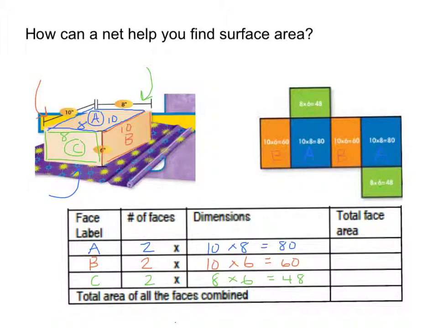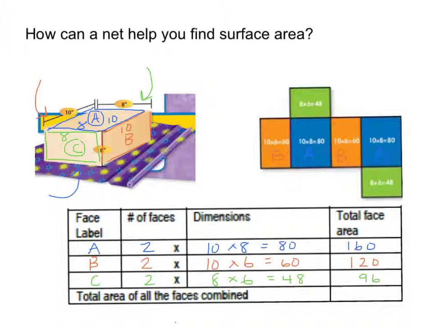Now I'm going to find the area of each of those sections. So the 10 by 8 was 80, but I have two of them, so that means I have 160. And then the 10 by 6 is 60. Two of those gives me 120. 8 times 6 is 48. Two of those would give me 96.